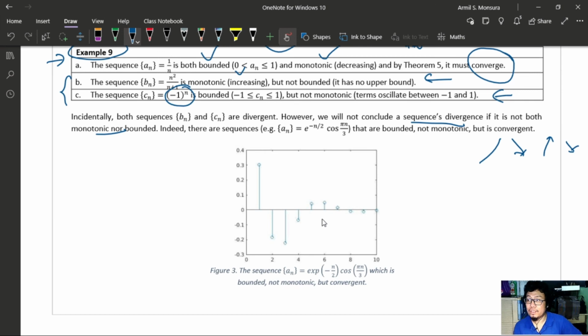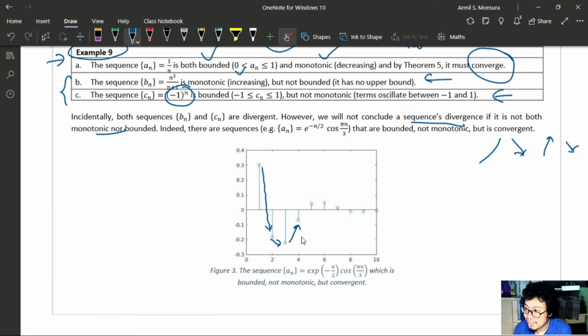This sequence is generally not monotonic. For example, from here to here, it is decreasing. But take note that this increases. So that is not monotonic.